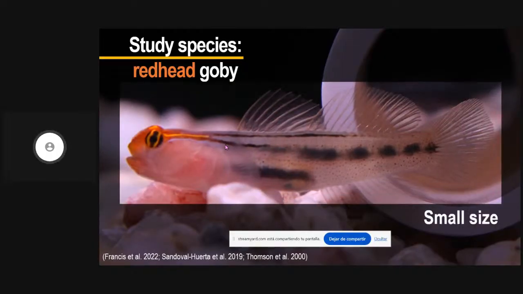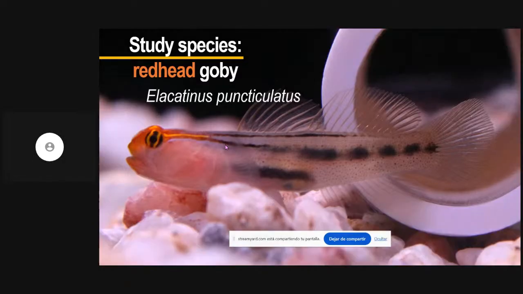They are small, up to 5 centimeters long, and the scientific name is Elacatinus puncticulatus, which is the species that we are using in the laboratory.